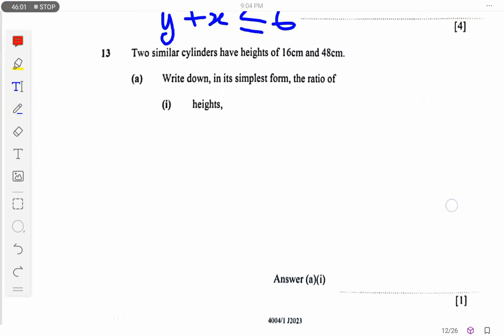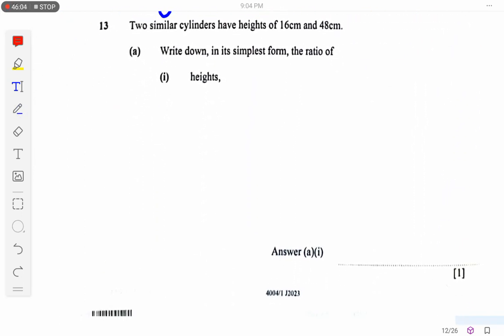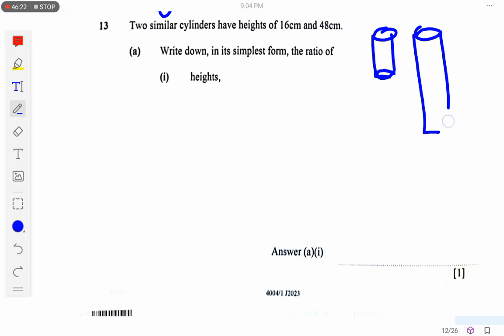Okay, let's move on. Number 13, we are saying we've got a ratio of heights of two similar cylinders. A cylinder is something that is like this, guys. So this is one cylinder, and then we've got another bigger cylinder here. This will be 16 and this will be 48 centimeters.